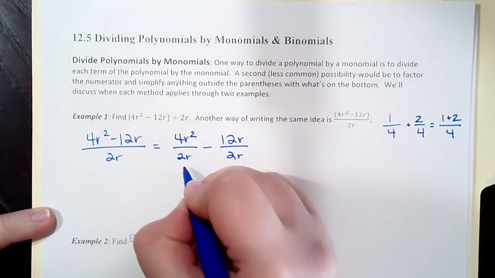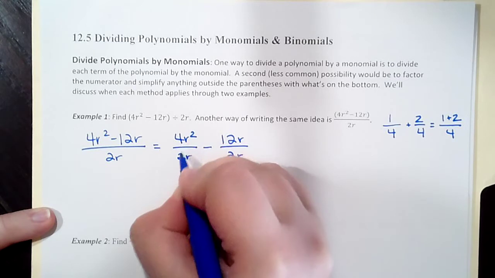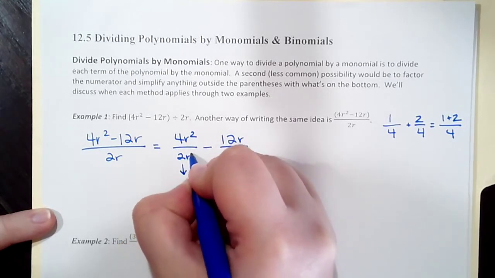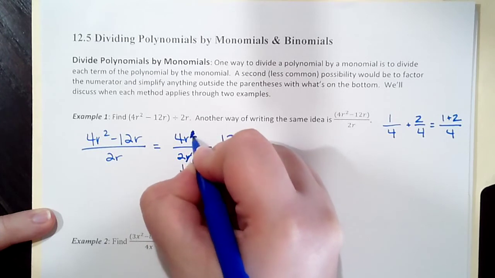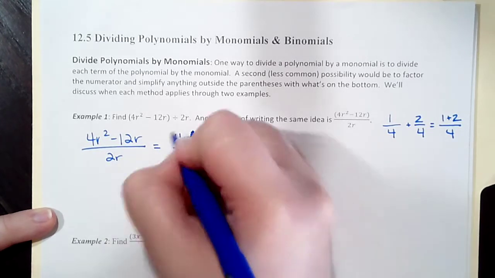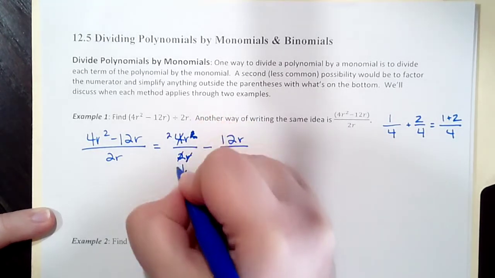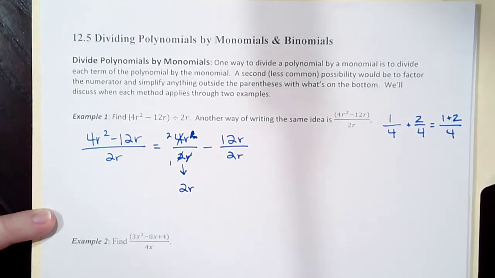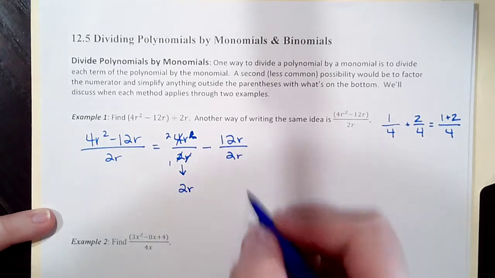4r squared divided by 2r becomes 4 divided by 2 is 2 over 1, and r squared over r, notice one of those r's is going to cancel. I guess I'll simplify this too. So I get 2r over 1 if you want to write that.